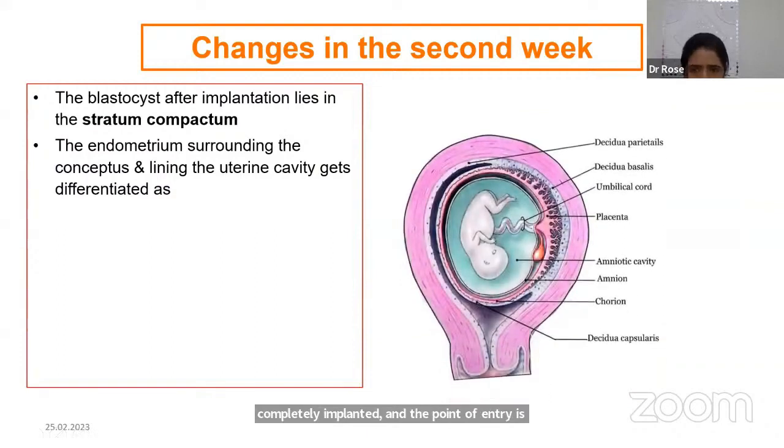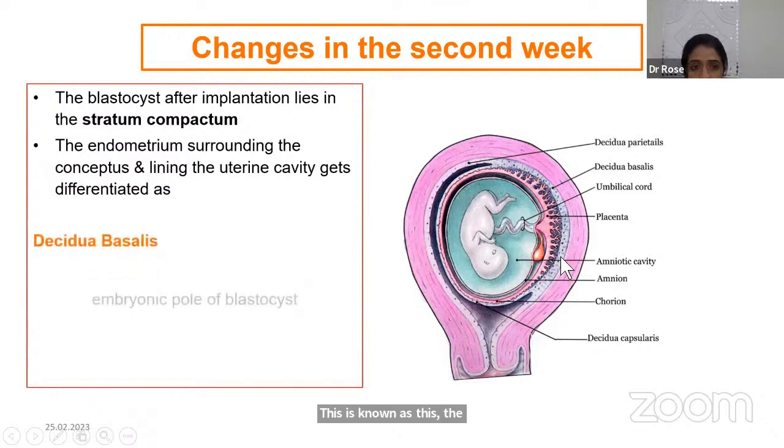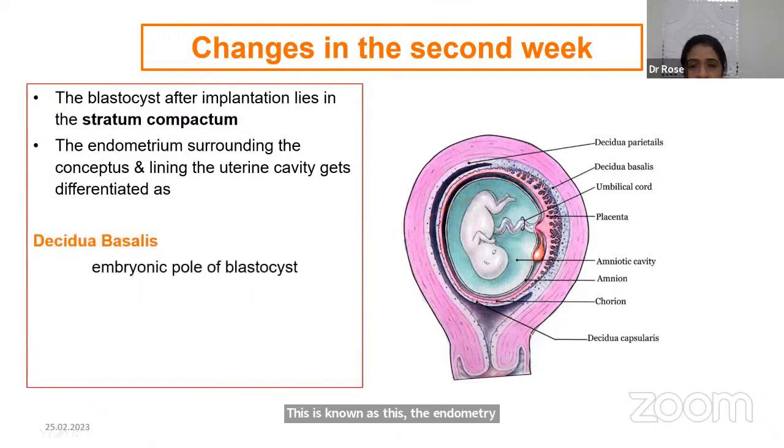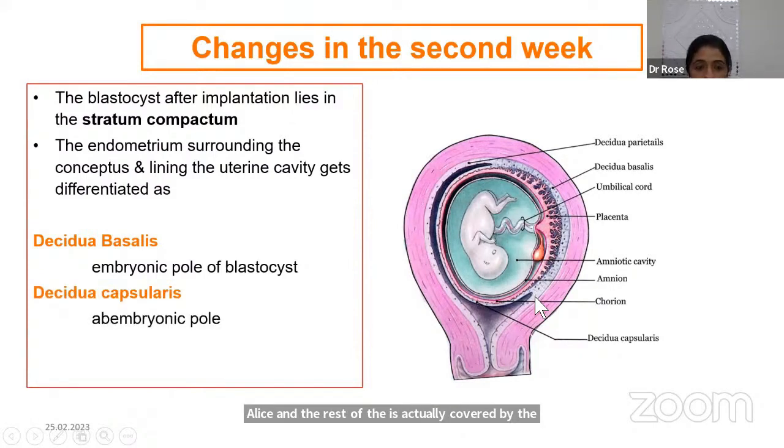Now you can see what are the differentiations happening for the endometrial layers. This is the point of attachment. The endometrium lying at the embryonic pole is called the decidua basalis. And the rest of the fetus is covered by the remaining part, and that is known as decidua capsularis.